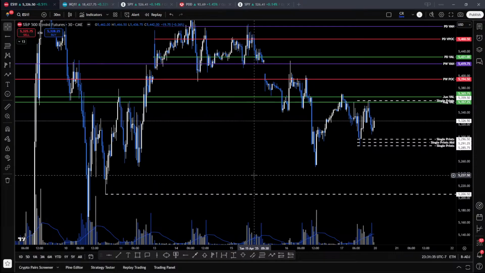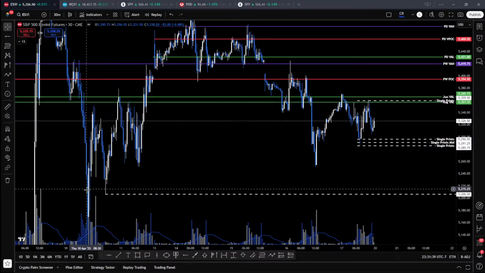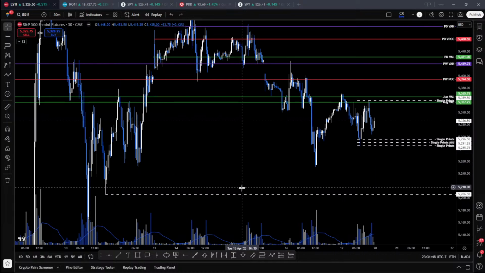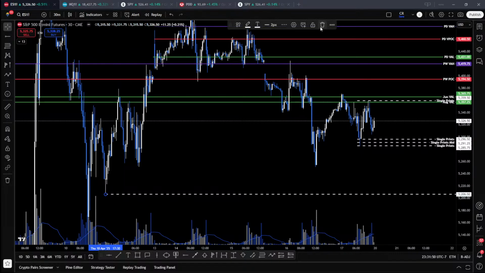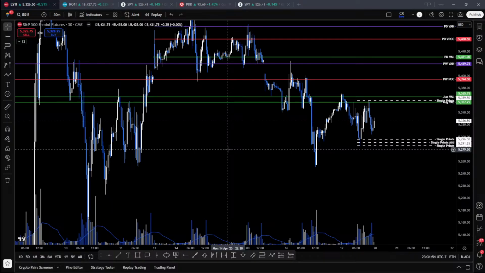But what I basically do is as price is coming down, I'll just start looking left to find these key levels. But if that's not something you want to do, you can always just leave them on your chart. I just try to erase as many lines as I can so I don't have 500,000 lines everywhere.